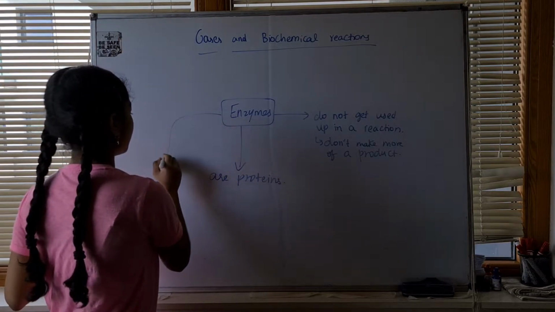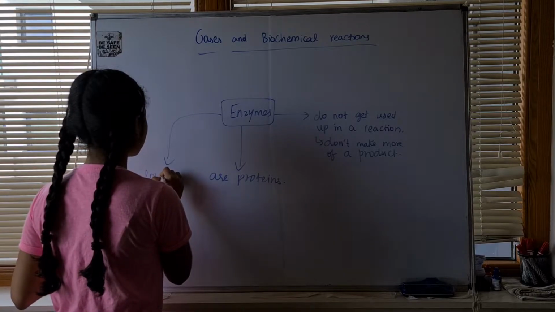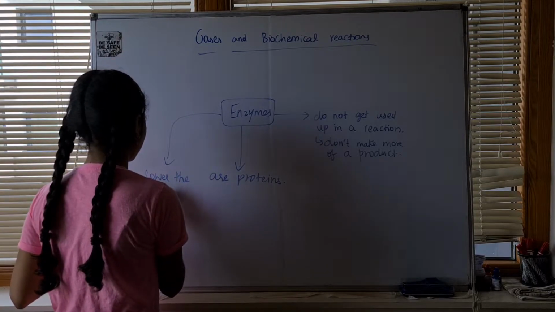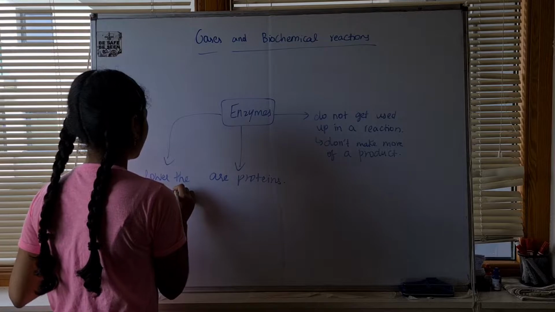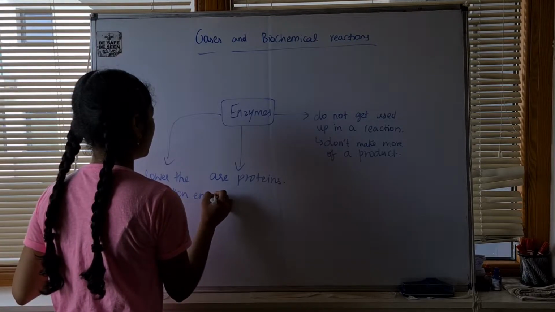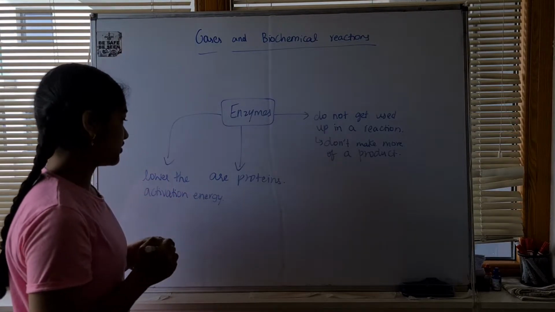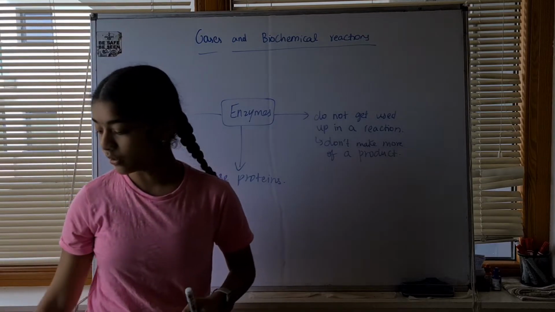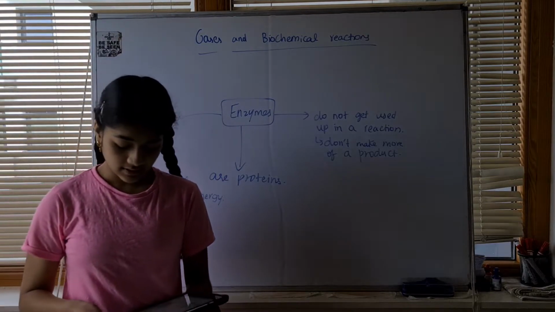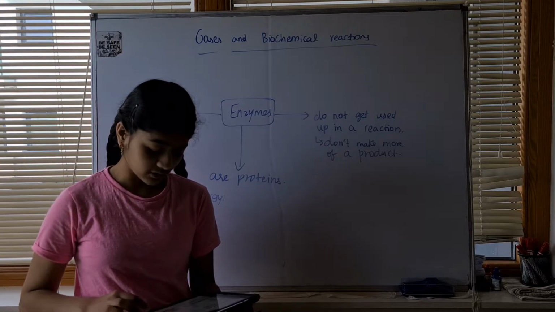The next thing, enzymes lower the activation energy. Activation energy is the energy required to do a chemical reaction. These enzymes lower this activation energy and it makes the reaction much more efficient.